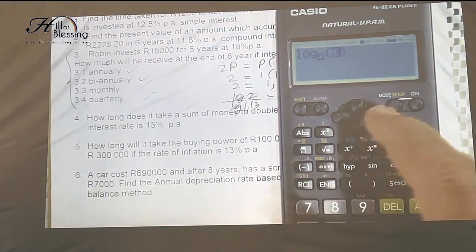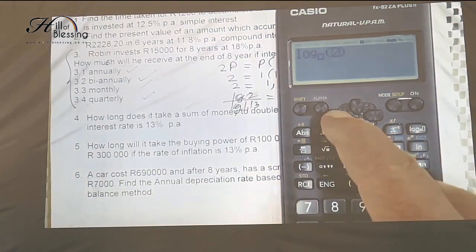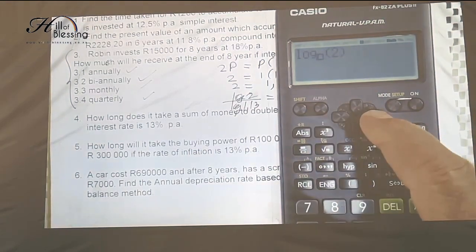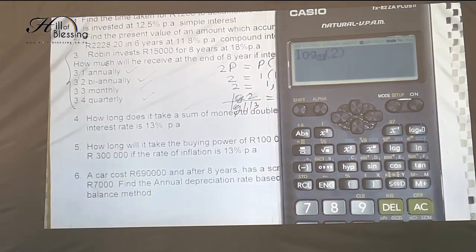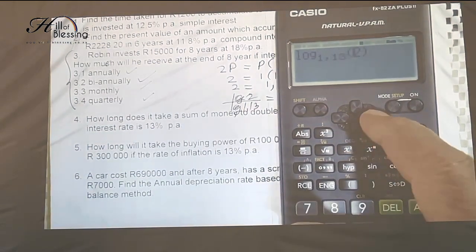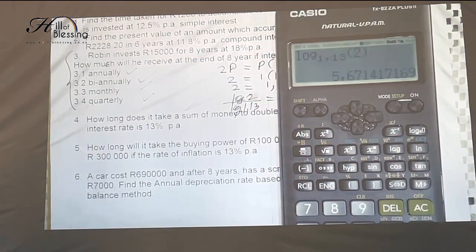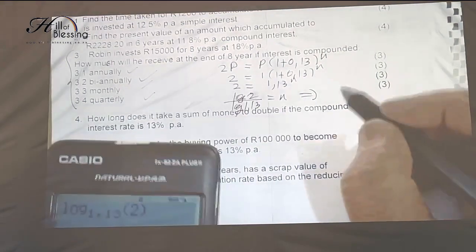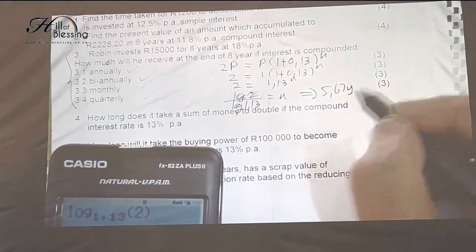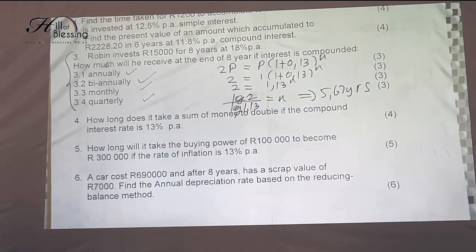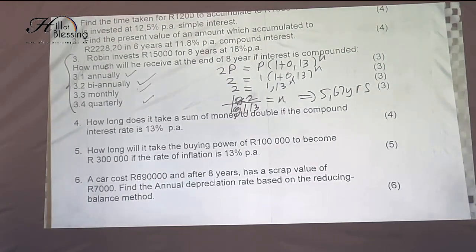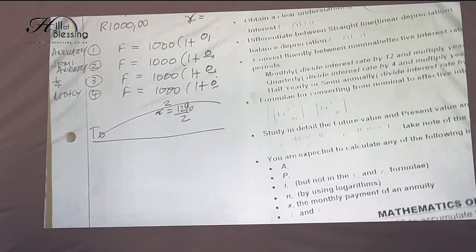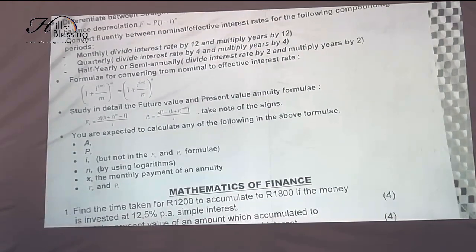So you're going to put 2 there, and you're going to come down with that, and you're going to put 1.13 and then you're going to move that cursor, and the answer is 5.67 years. Right? 5.67 years. So that there is basically a revision of grade 10 and 11 work. Okay, are all of you with me so far, guys?